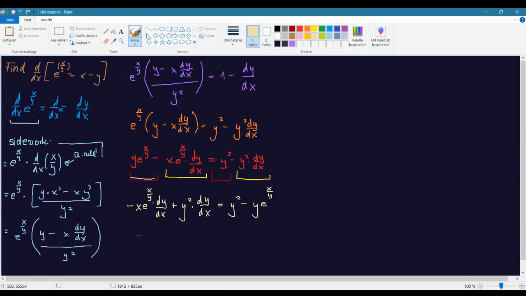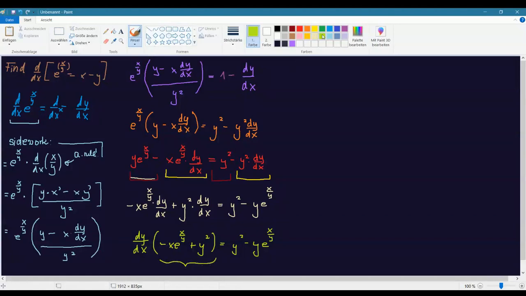So we're going to factor them out by grouping. And this is going to become dy over dx times negative x e to the x over y plus y squared equals y squared minus y times e to the x over y. And now we're just going to divide by this entire argument right here.